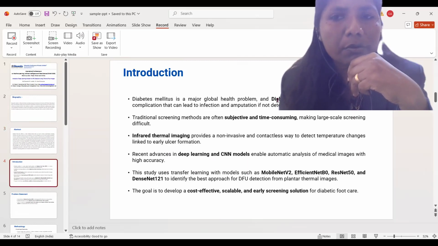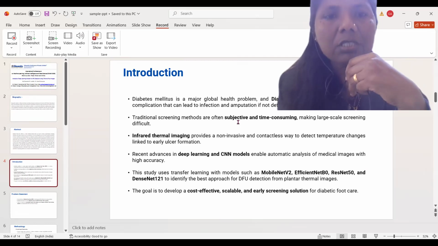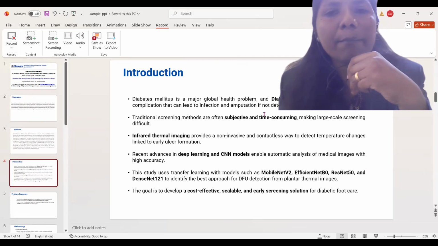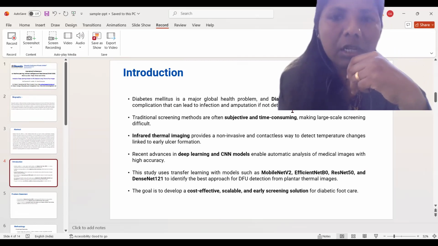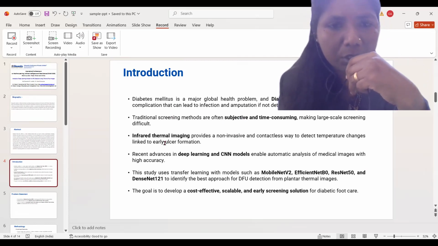So the introduction of this is that diabetes mellitus is a major global health problem, and diabetic foot ulcer is a serious complication that can lead to infection and amputation if it is not detected in earlier stages. So the traditional screening method is very time consuming and it is subjective.